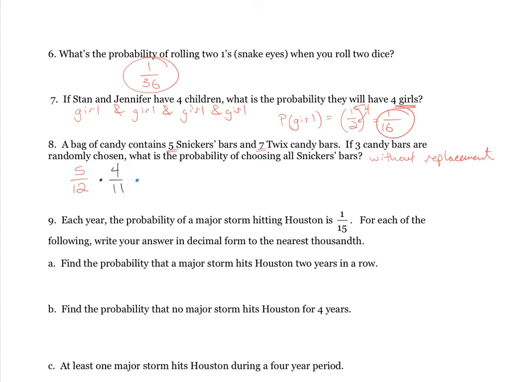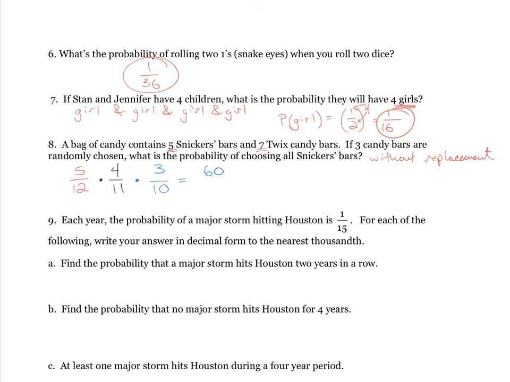Times, I'm reaching my hand back in there a third time. If I reach my hand back in there a third time, there are only 10 candy bars left and only 3 Snickers left. But the chance that that actually happens, if we multiply everything across the top, what do we get? 60.